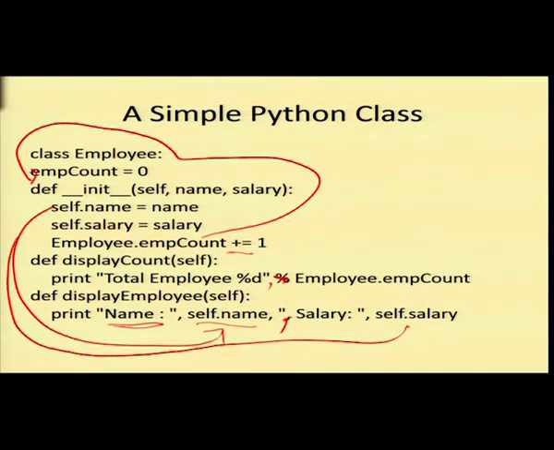You will get it from this particular self.salary. Now, we are able to get the total employee details added so far from the emp count, wherein we get as of now 1 because it was 0 earlier. So, 0 plus 1 becomes 1, then the name of the employee, self.name, salary of the employee, self.salary. So, this is a simple Python class.